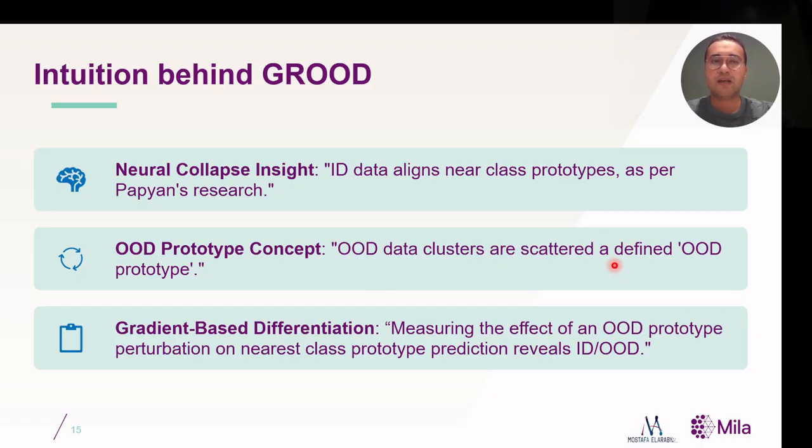That is why we define an OOD prototype as just the reference point that will be used during the gradient computation. Gradient-based differentiation: we measure the effect of an OOD prototype perturbation. What will happen to the prediction using distances if we perturb the OOD prototype? Will it improve the in-distribution confidence score, or will it destroy it?